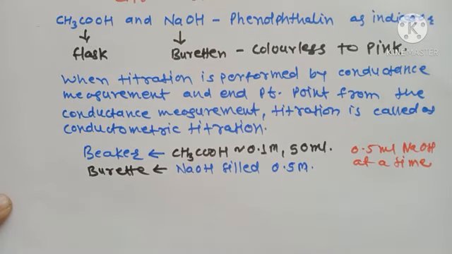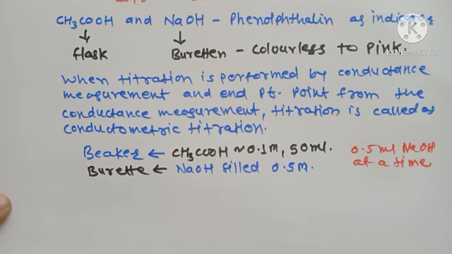The solution is stirred on the magnetic stirrer and the conductance is determined. By this way, a number of readings are taken till you get the breakthrough in the conductance of the solution. So this is the methodology for the conductometric titration.